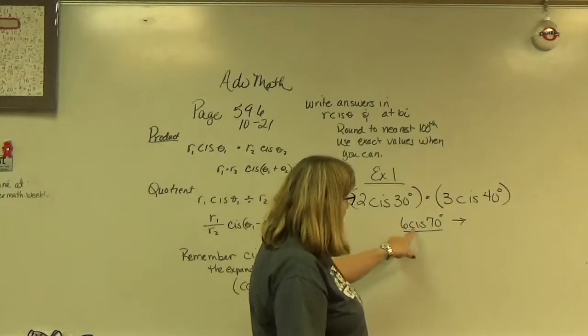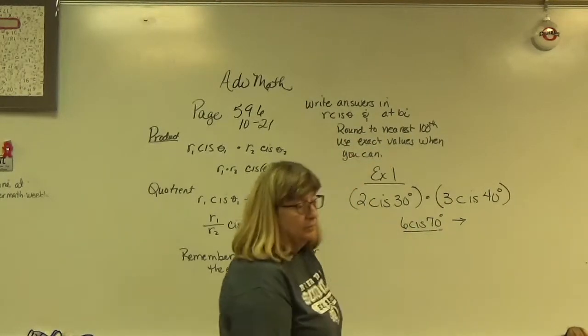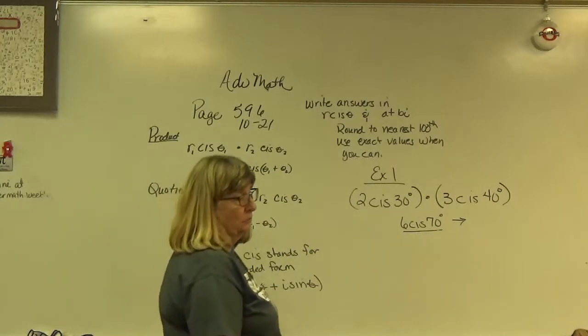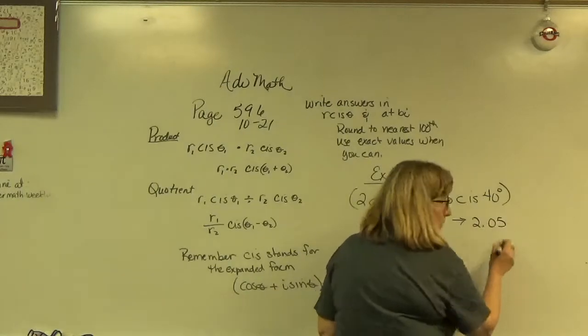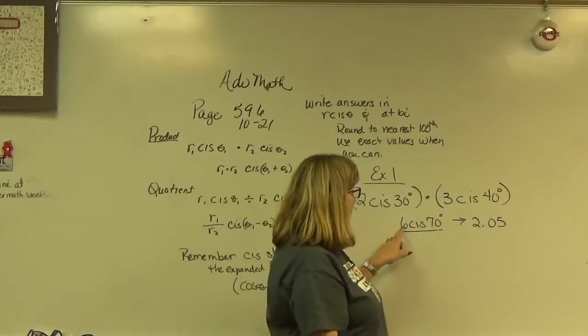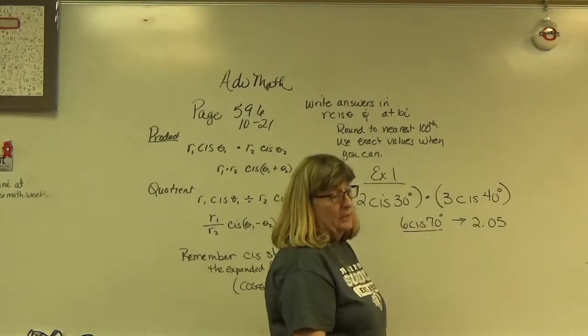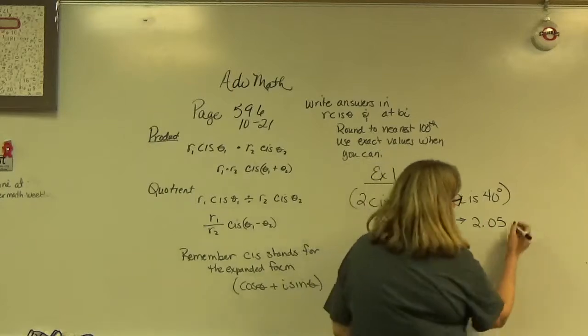So what's 6 times the cosine of 70? We're rounding to the nearest hundredths. 2.05. Everybody double check it. Let me know if it's different. Okay, 6 times the sine of 70. We add those, right? You're going to say plus or minus in between, depending on what it ends up being.